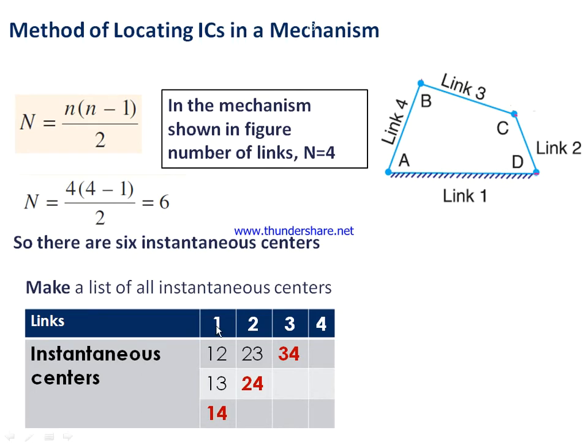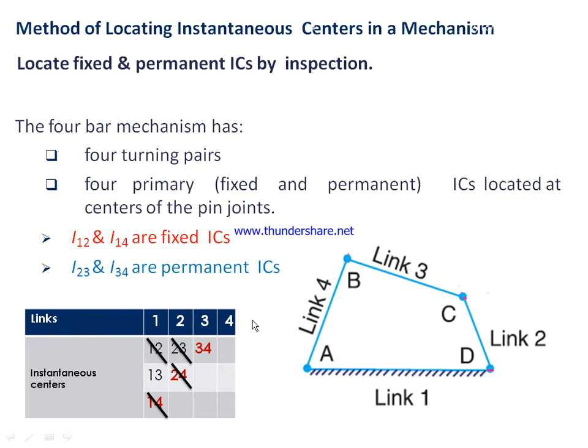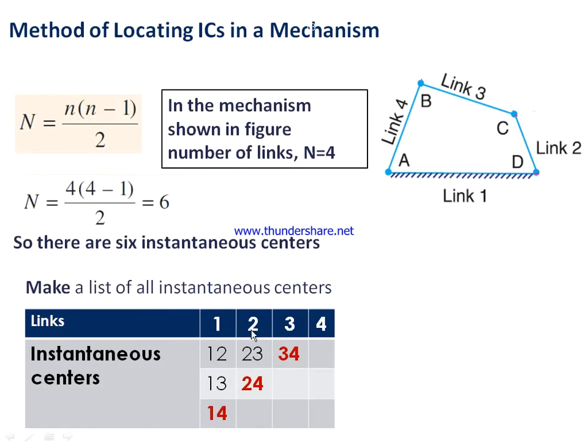Take link number 1 at a time and make combinations with the remaining links 2, 3 and 4. We get 1, 2 here, 1, 3 here, 1, 4 here.